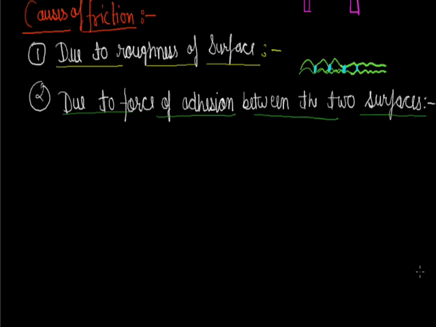These attractions are called force of adhesion. When one body is made to move over the other body, the force of adhesion opposes motion. This force which opposes the motion also gives rise to frictional force. So we can say the force of adhesion between the two surfaces gives rise to the force of friction.